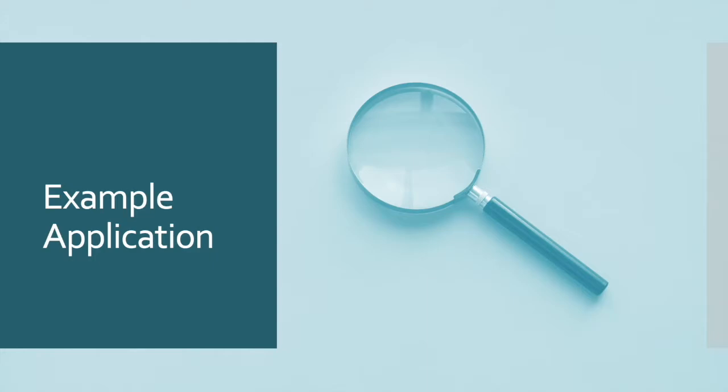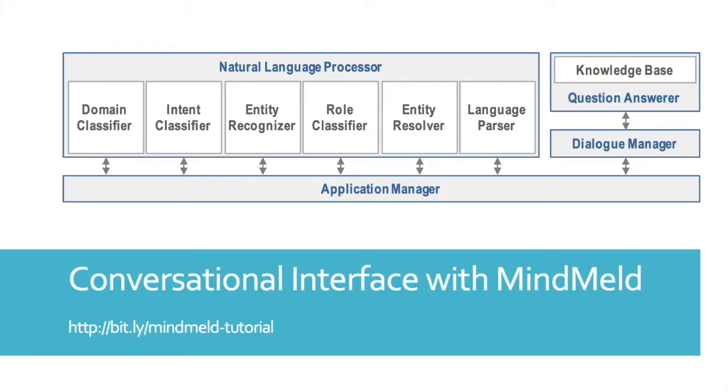But to make all of this more concrete, I'm also going to walk through an example application which uses the concepts we've discussed so far and provide the coding tutorial for you to try it out yourself. More specifically, I'll be giving you an example of building a food ordering conversational interface with the MindMeld platform.